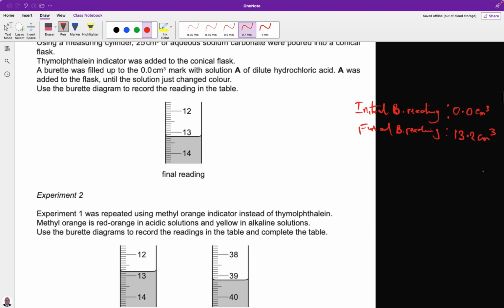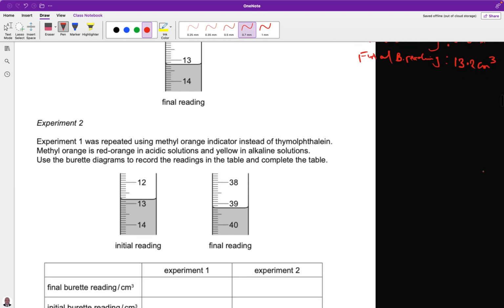Okay, experiment 1. The difference here, the titre, will be the final minus the initial, 13.2 cm3.